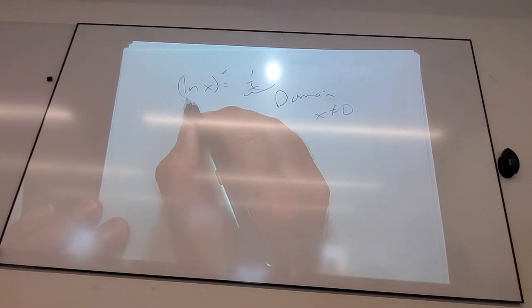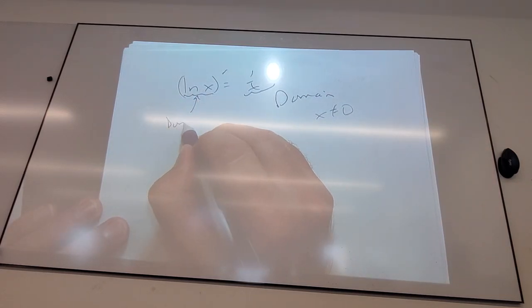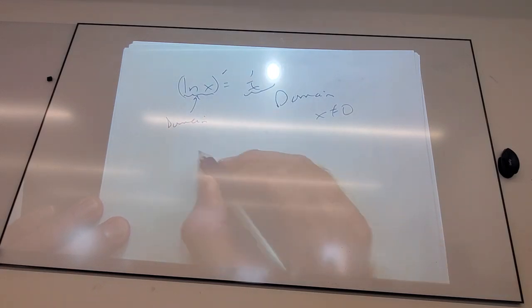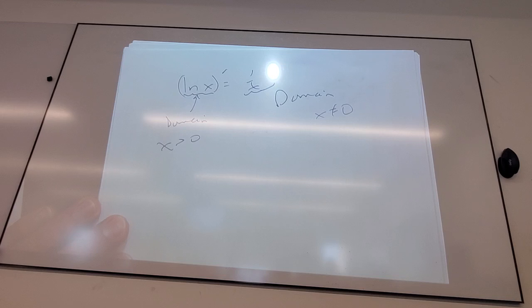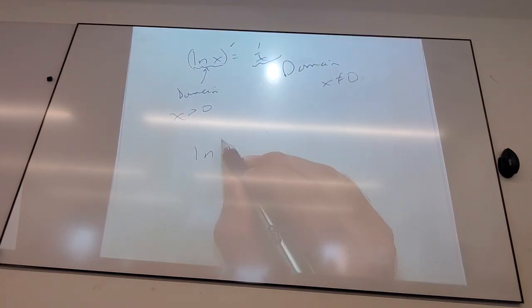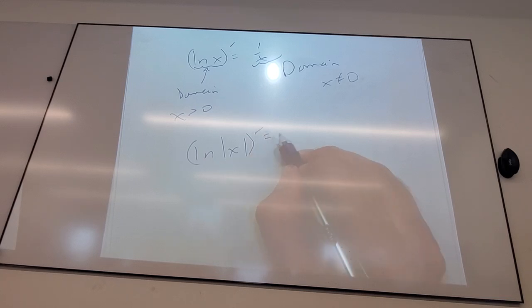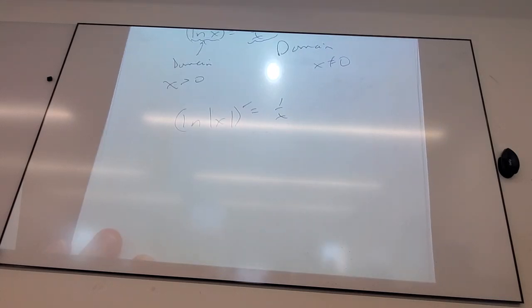What's this guy's domain? x greater than 0, yes? Do you see how there's a fundamental disconnect, since the two sides do not share the same inputs? So we understand this guy's derivative is this, and then they truly match.